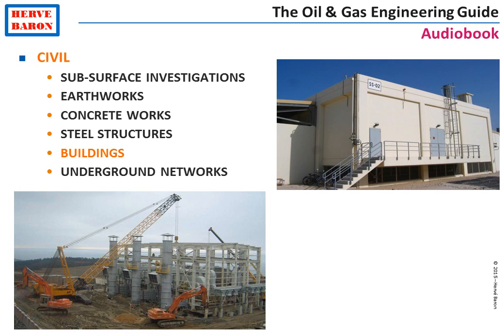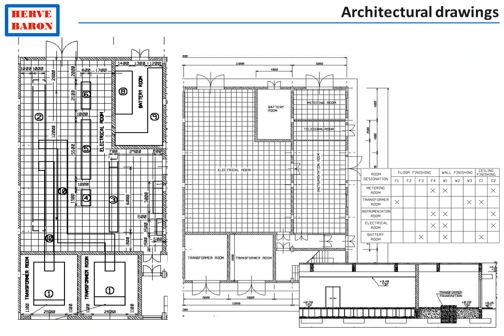The civil engineer groups such requirements in the architectural drawings. These drawings show the building dimensions as well as the different rooms, any particular requirement such as a bridge crane, false ceiling, a false floor.